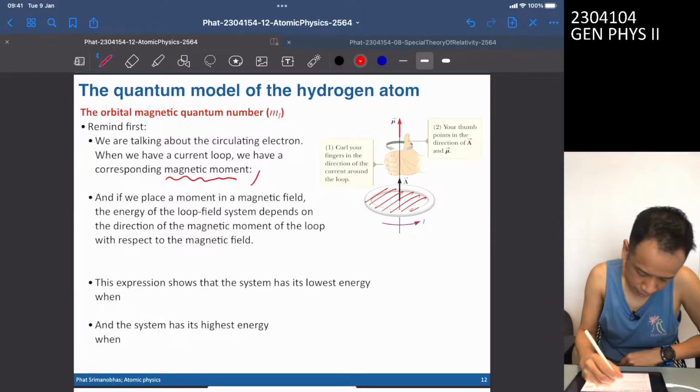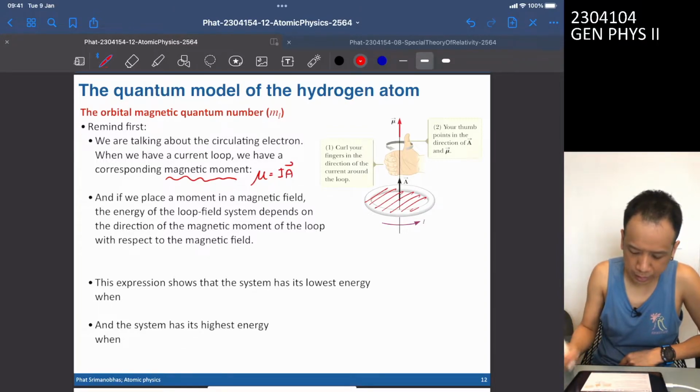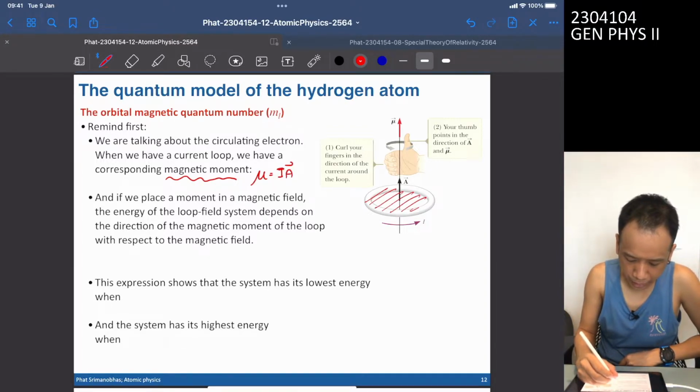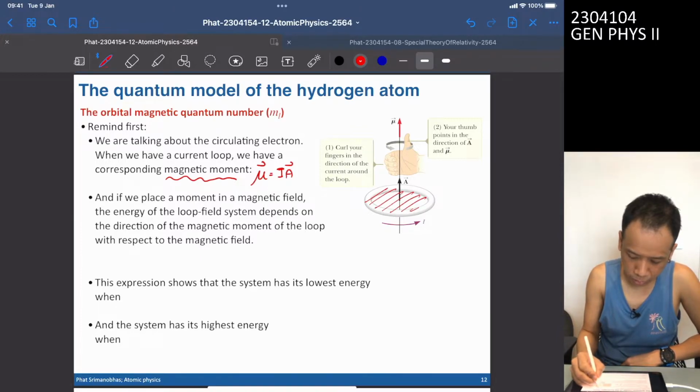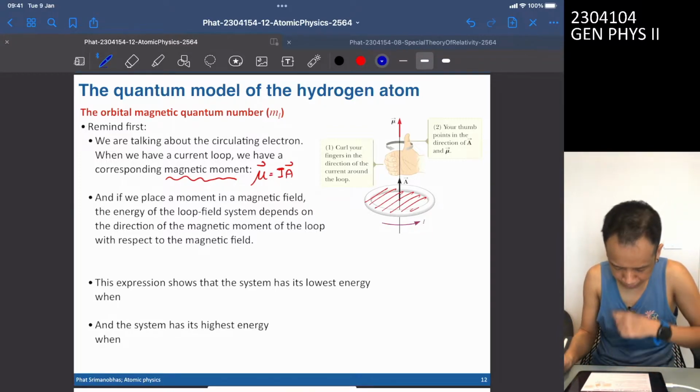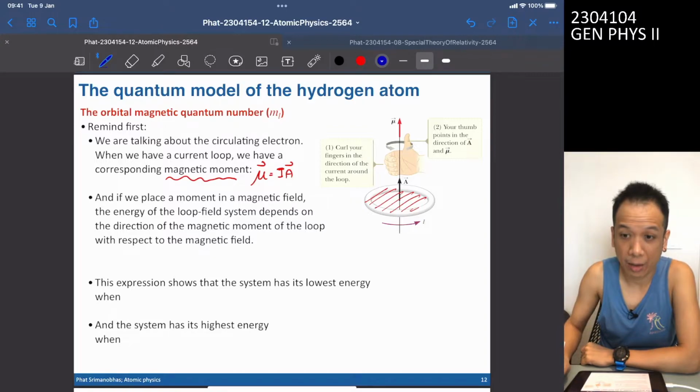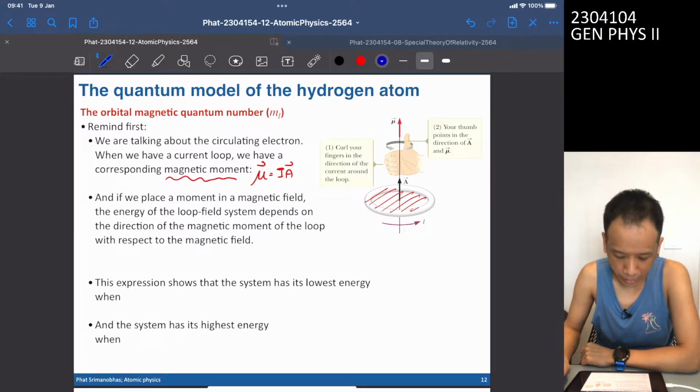The magnetic moment is a vector equal to the current multiplied by the area vector.